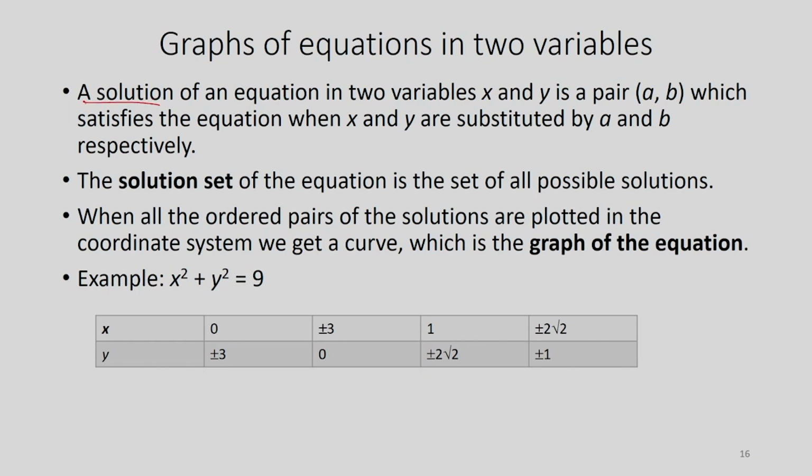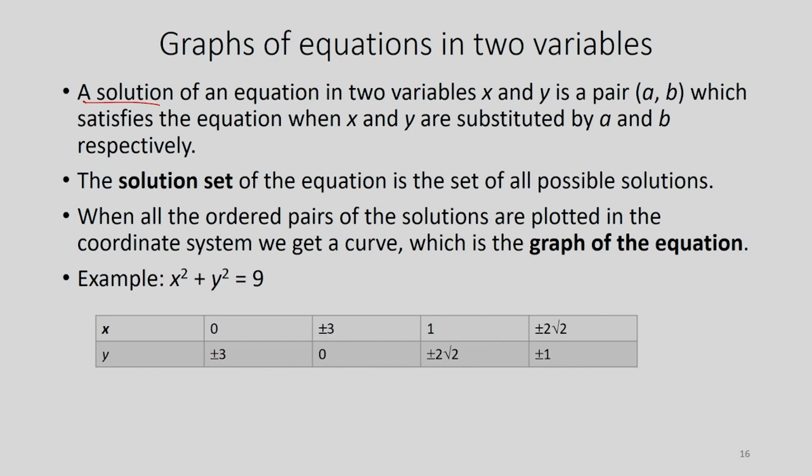In two variables x and y, it is a pair a b which satisfies the equation when x and y are substituted by a and b respectively. Okay. So, this is the definition of a solution of an equation. So, suppose you have any equation, right, and what is the solution of that equation of two variables x and y?